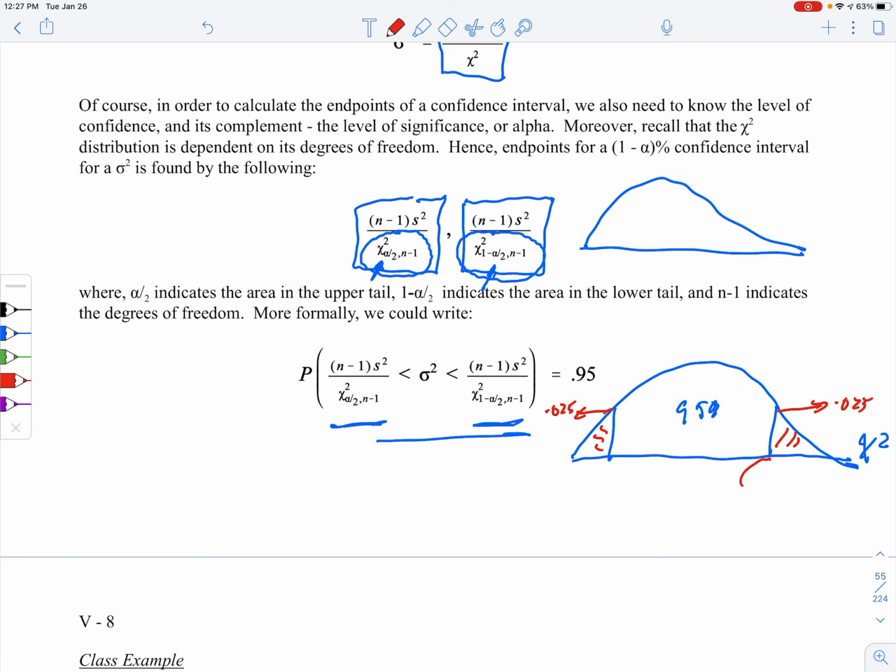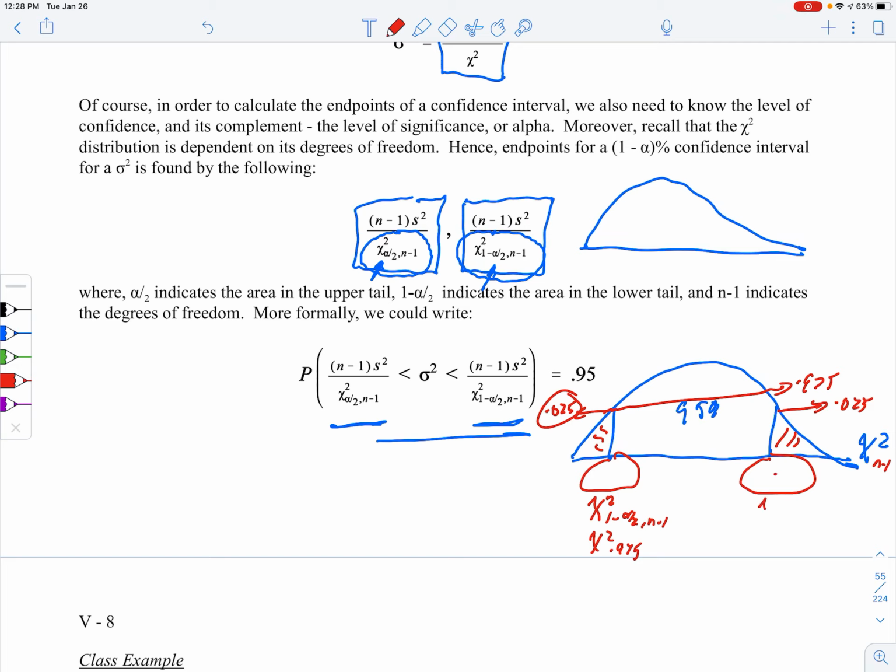So we want to find out what are those chi-square values that go into these spots here. Now, this one here is the 1 minus alpha over 2 value, and then n minus 1 degrees of freedom. So that would be chi-square 0.975. All that means is if you have 2.5% below, you've got 97.5% above.